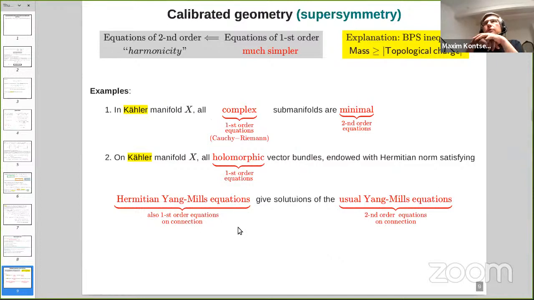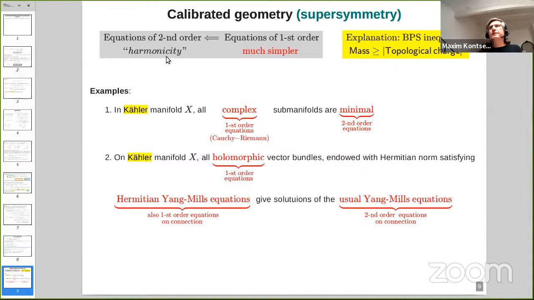Yeah. So now I go to this calibrated geometry, which I mentioned before, which is actually some particular case of what is called supersymmetry in classical field theory. So usually when you consider Euler-Lagrange equations, it's some kind of energy or mass, and equations are typically of second order. The symbol is the Laplacian, so you get some kind of harmonicity.